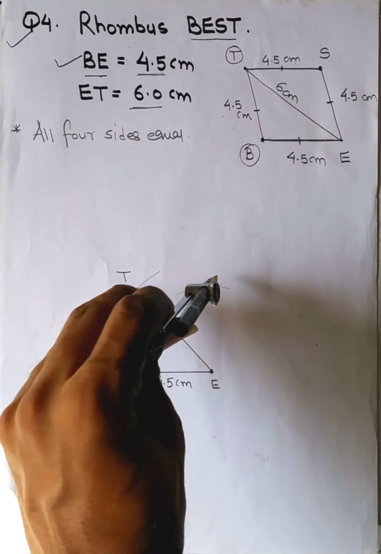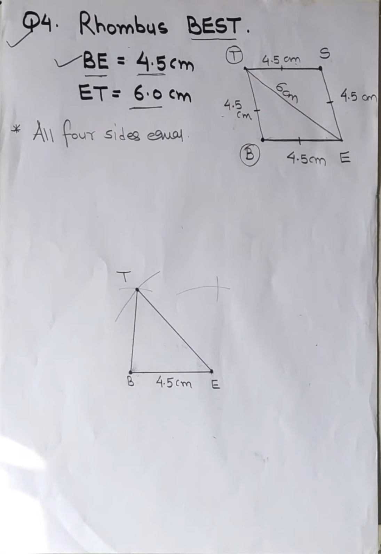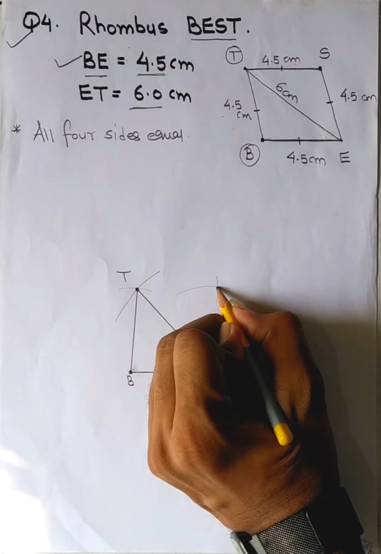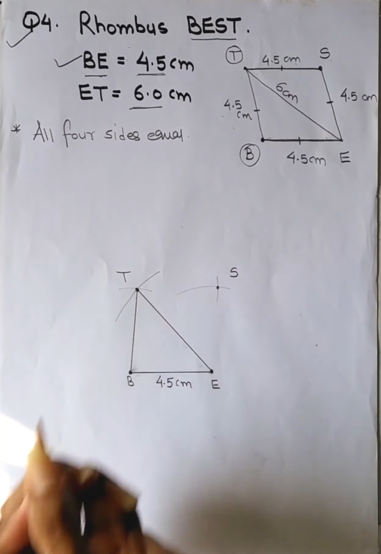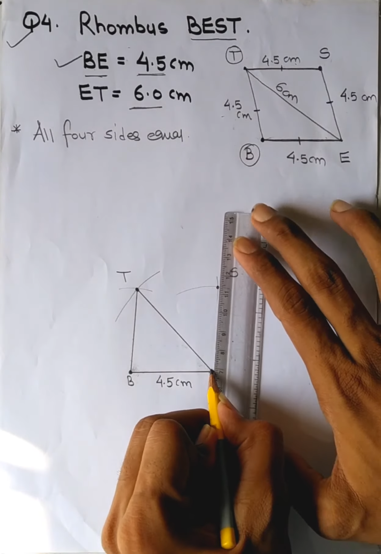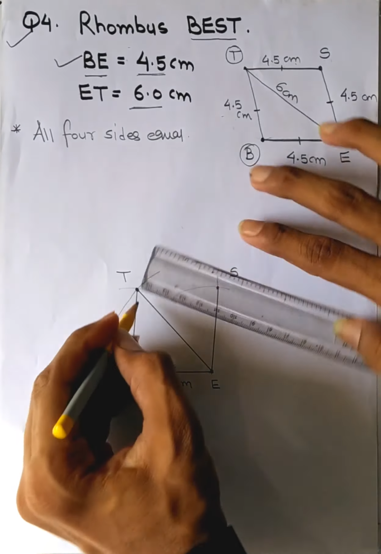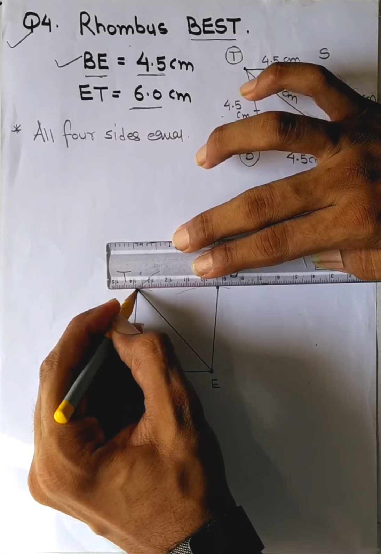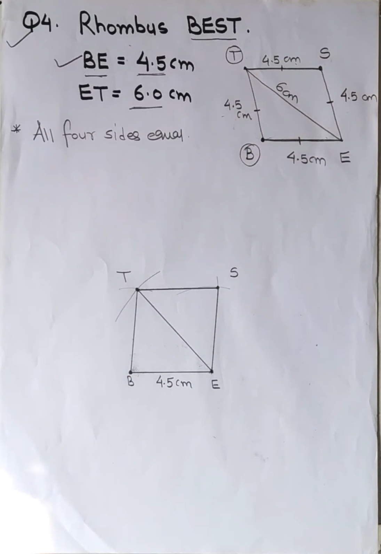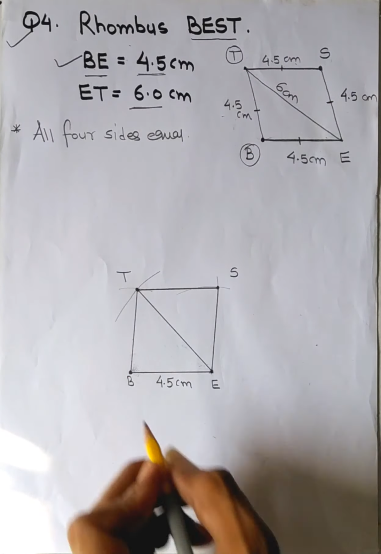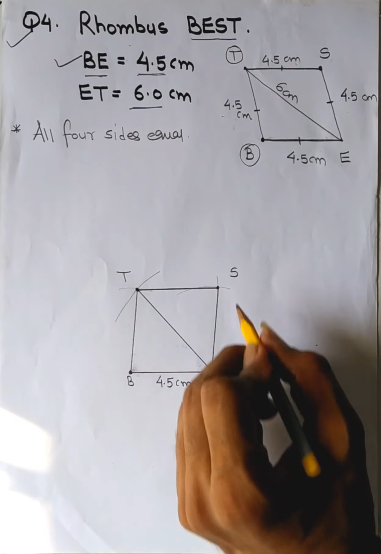From T, let us draw an arc. So these two arcs will intersect exactly at S. So we only have to draw ES and TS. Clear? So here we have B, E, S, T.